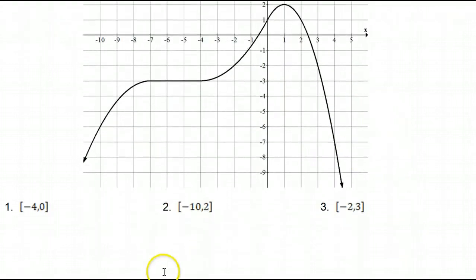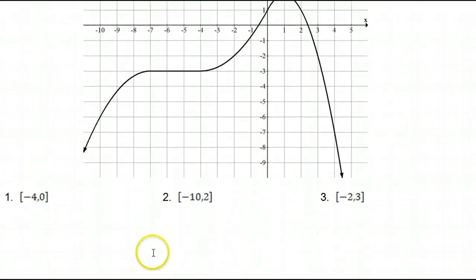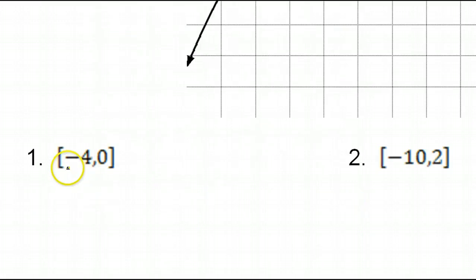Alright, taking a look at problem number 1, this is the interval over which we are to find the rate of change. Please understand that when they give us an interval like this, they're giving us x values. This is x1 and this is x value number 2.